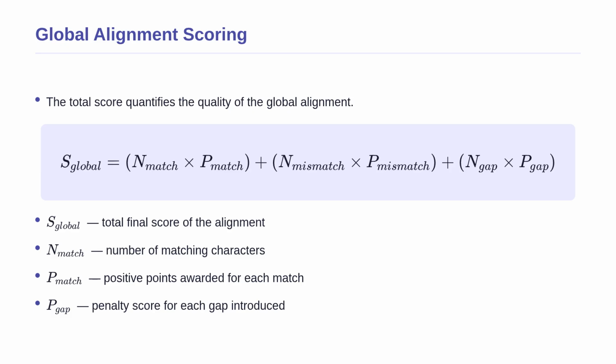Next, we add the mismatches, multiplying the number of mismatched characters by their specific penalty score. Finally, we account for the gaps. N gap is the number of gaps introduced, and P gap is the penalty for each gap. If you increase the gap penalty, the algorithm will try harder to avoid inserting gaps, which might force more mismatches. The goal is to find the arrangement that makes S global as large as possible.